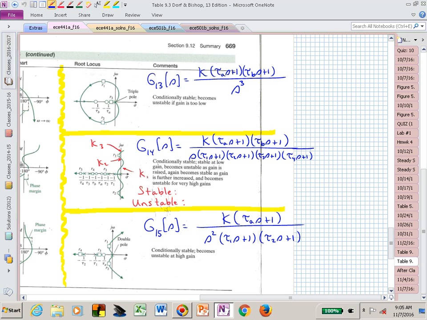So now I have 4 different k's. I have a k without a subscript, that's the adjustable gain. I have k1, k2, and k3. I want you to tell me what value of unsubscripted k would produce a stable system response in this example. Can you tell me?